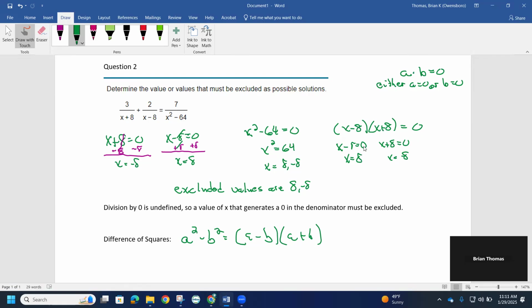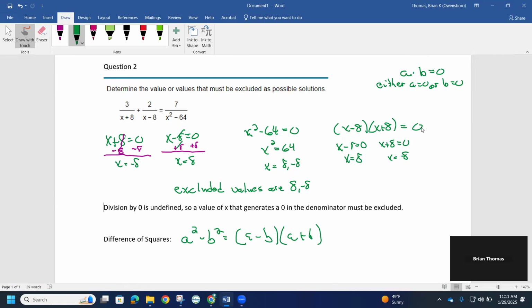If I picked 8, this turns into a 0, and 8 plus 8 is 16. But 0 times 16 would be 0. So that would make the whole thing turn to 0. If you choose a negative 8, notice how this turns into a 0. And negative 8 plus negative 8 would be negative 16. But still, negative 16 times 0 is still going to be 0. So both of these values do create 0 on the left side.